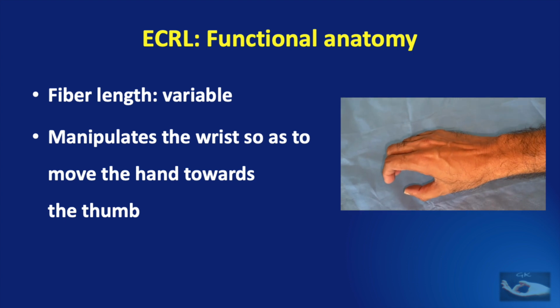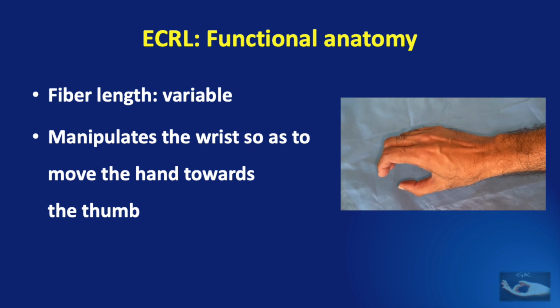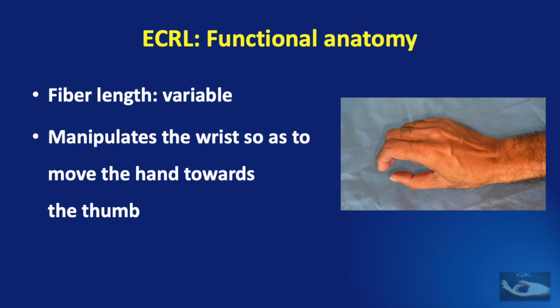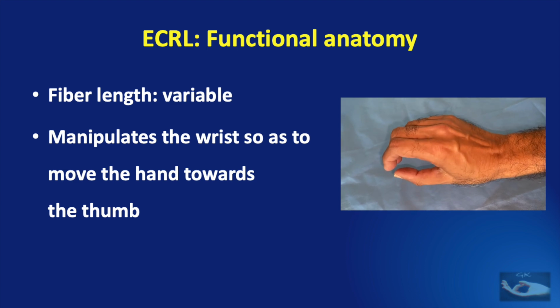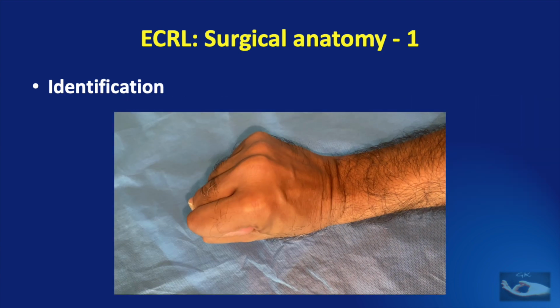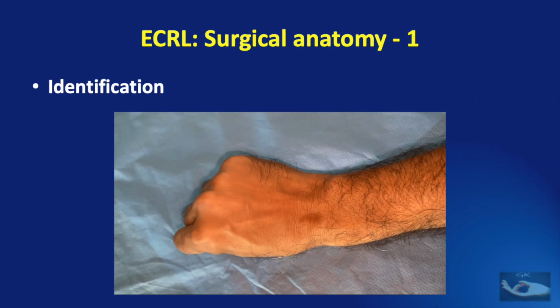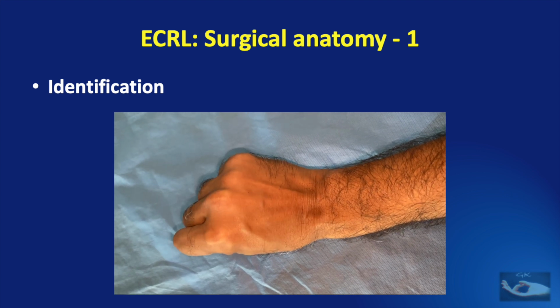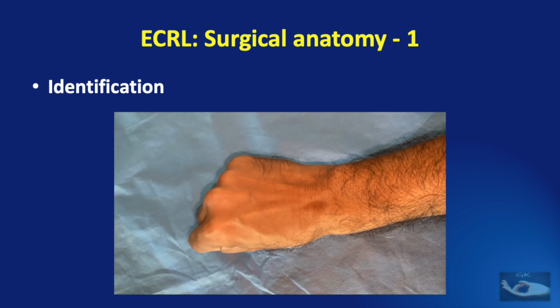That is, when the extension occurs, the thumb automatically moves towards the fingers, and when there is a radial abduction, this effect is even more accentuated.